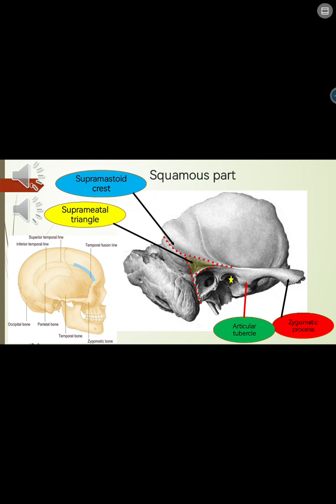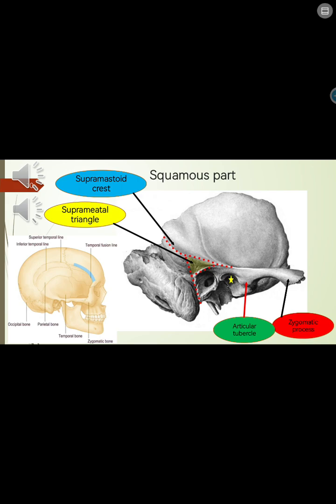This triangle is important and is a kind of depression marking the position of the mastoid antrum. The mastoid antrum is medial to the triangle at a depth of approximately 1.25 centimeter. The triangle usually contains a small suprameatal spine anteriorly.